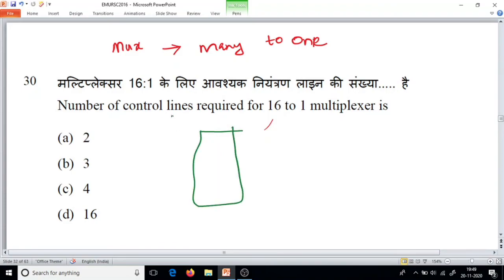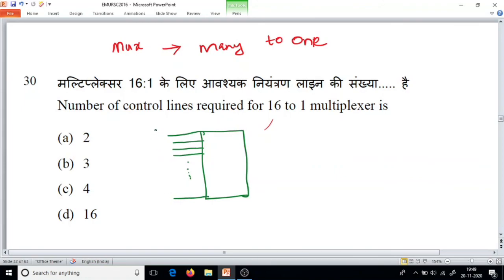It's not coming properly, let me draw it once more. Okay, it's better. So we have 16 inputs, that is 1, 2, 3, 4, like that up to 16. That is I0, I1 up to I15. And we have one output. This is many to one.